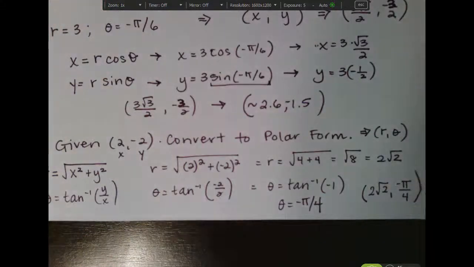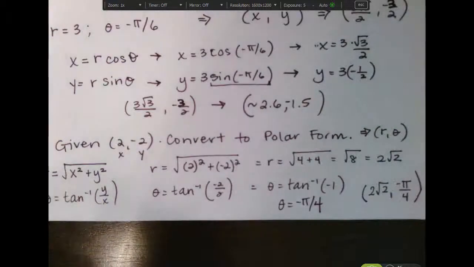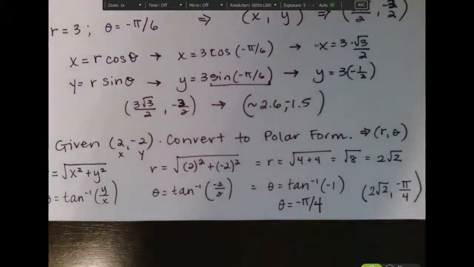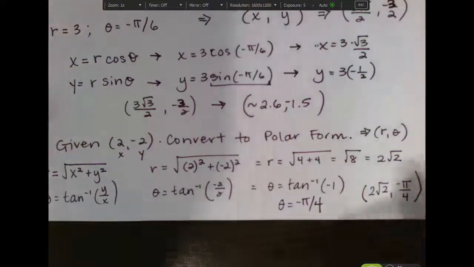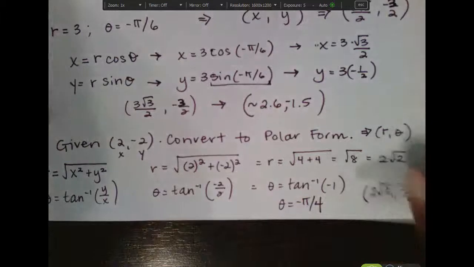So you should be really comfortable with going back and forth between points in polar form and rectangular form, as well as plotting polar points on a polar grid. Let's continue on and talk about converting equations, or just in general, graphing polar equations.